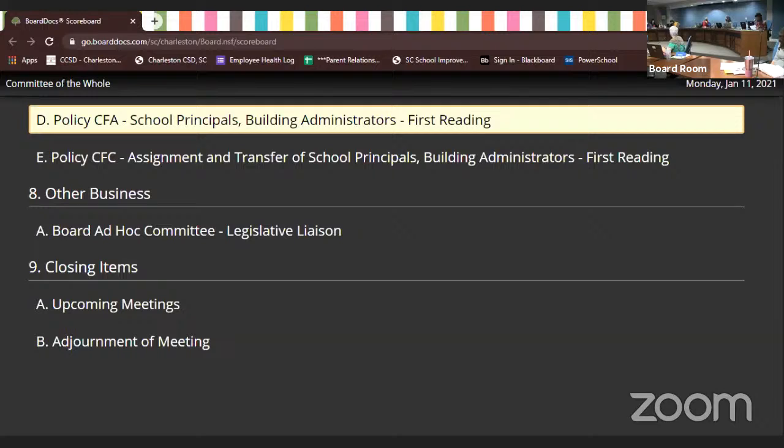Dr. Franklin, would you be open to me making a motion to make the change with just adding the employment of school level professional staff, period? Yes, I would. Okay, so I move to approve policy CFA, adding under prime responsibility for the principal to do the following: employment of school level professional staff, period. Second.